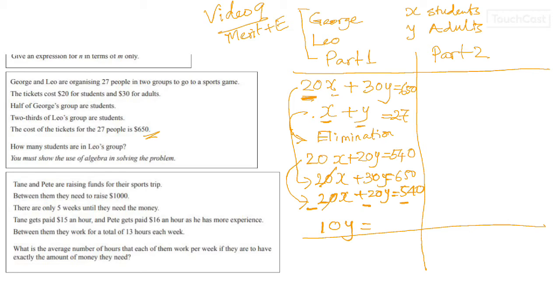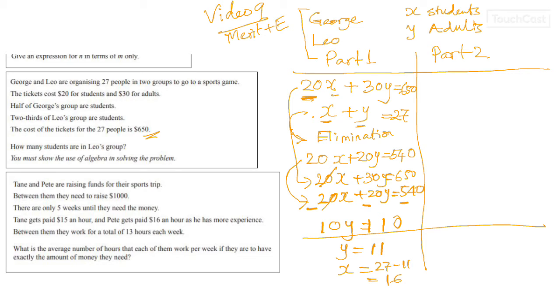Okay, so 650 minus 540, that'll give you 110. So y will be, I think it's 11. If y is 11, x should be 27 minus 11 gives you 16.